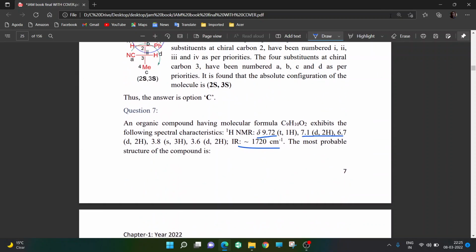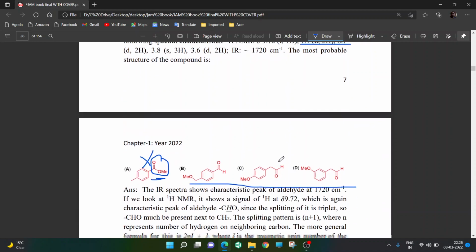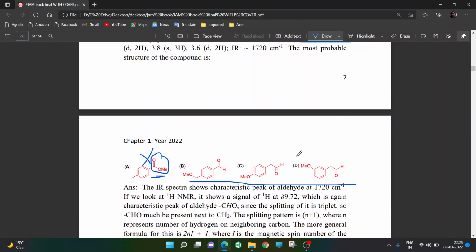Okay, so let us look at the structures. This is the aromatic region. In the aromatic region we can see only 2 peaks. So if you look at aromatic peaks, when it is disubstituted, you can see in all 3 of them it is disubstituted.